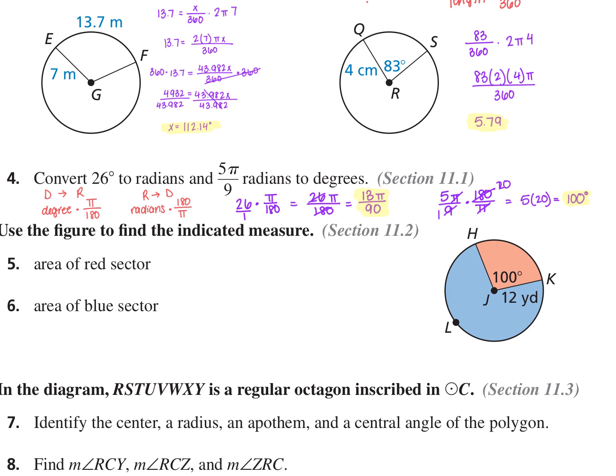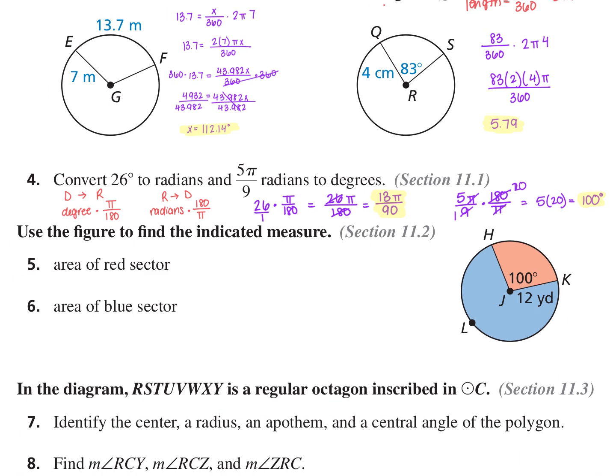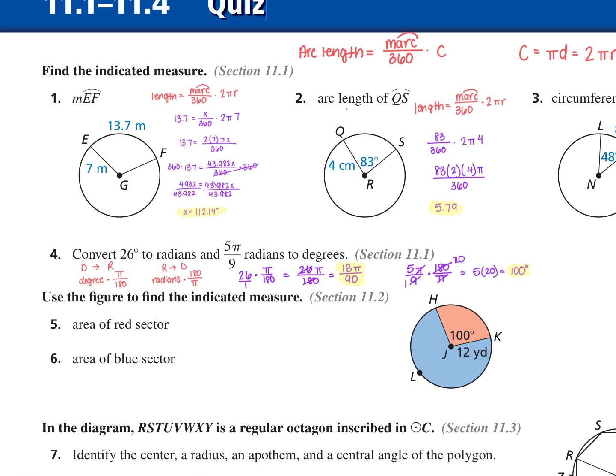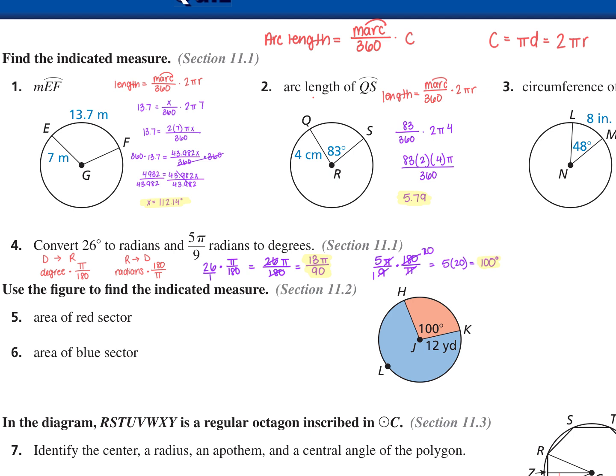All right, looking at 5 and 6. 5 and 6 are asking for the area of the sector. So for this one, again, you have to know the formula. Please pay attention to the difference between area of the sector and the length. The length is only asking about, let's consider it your pizza crust.